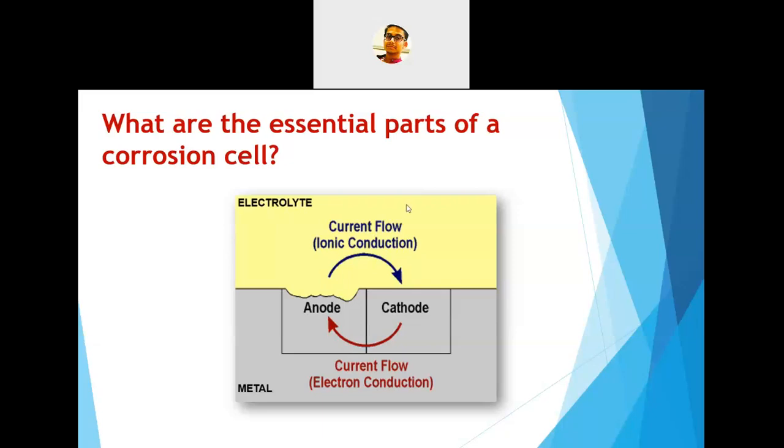So the anode part gets corroded. Let me annotate. This anode part, it gets corroded. You can see that corrosion happens in this part. And from this anode, the electrons are, sorry, some problem. Just wait.